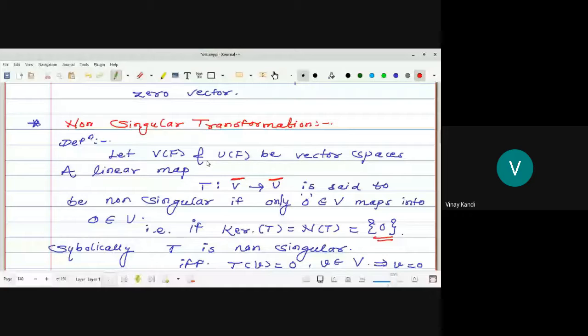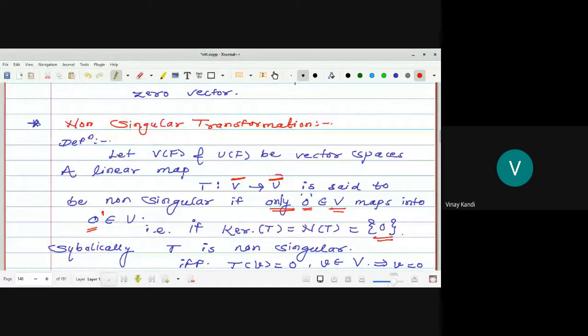If T is a transformation from V to U, these being the two vector spaces, it is said to be non-singular if only the element 0 of V maps to 0 dash of U. That is, the only zero element which maps to the zero of the codomain.